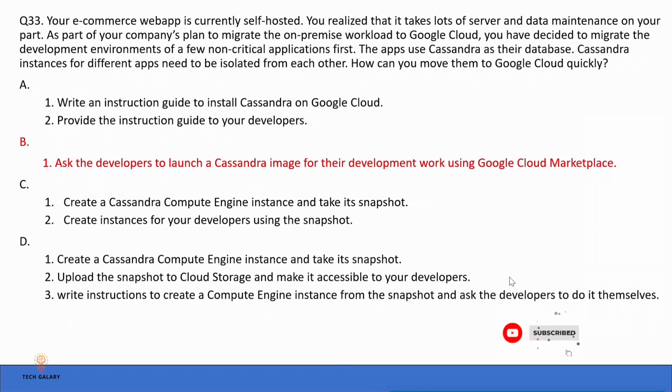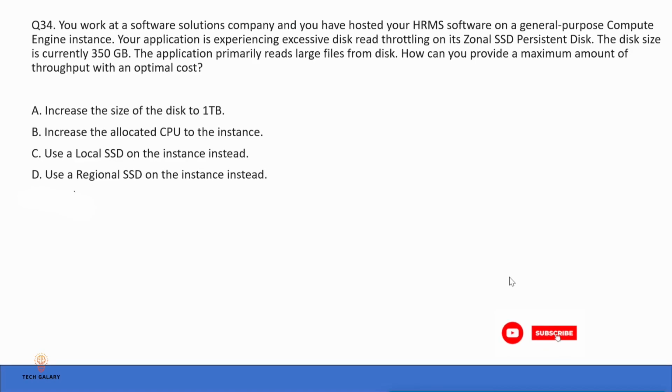This involves creating a single Cassandra compute engine instance, taking a snapshot, uploading the snapshot to cloud storage, and providing these instructions to the developers to create their own instance from the snapshot. So this entire process is very lengthy and time consuming, and it is not a straightforward way to isolate the Cassandra instances for different apps. So this option is not the correct one. For this scenario, option B is the best solution. Now let's proceed with question 34.